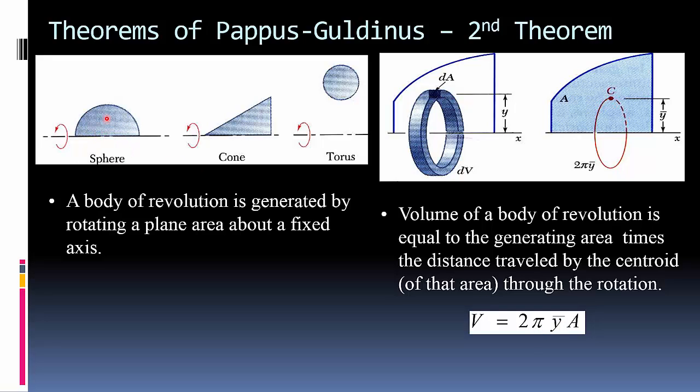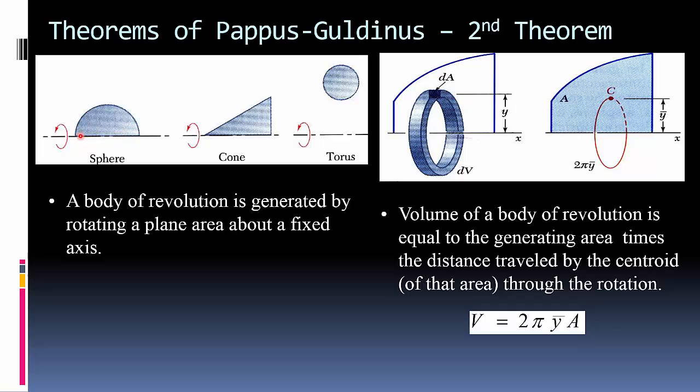So 2 pi times, and I think that ends up being 4r over 3 pi or something like that. You can look it up in the tables. That's going to be how far it travels. So that's this part, and then you multiply that by the area that is being rotated, which in this case is going to be 1/2 pi r squared.